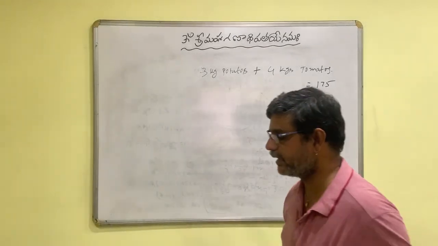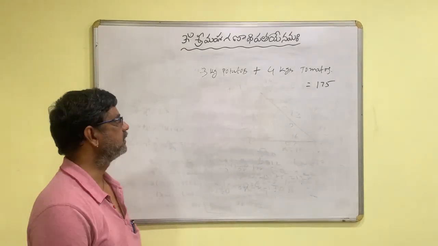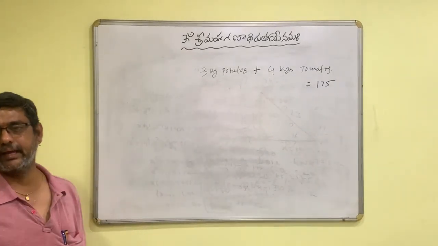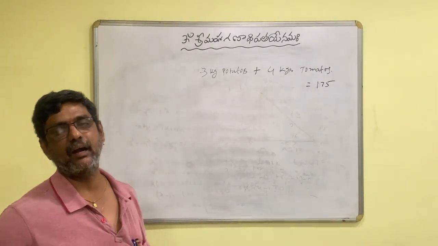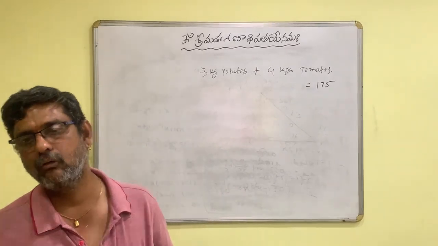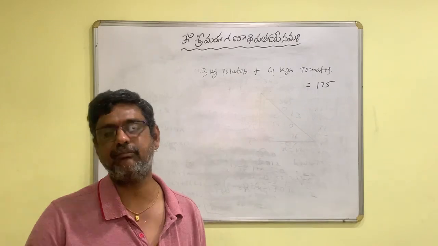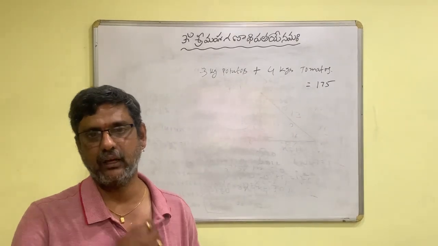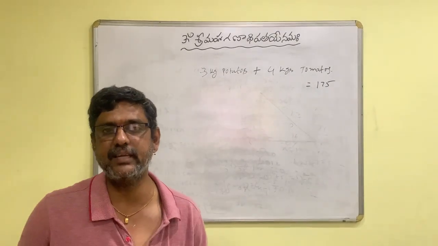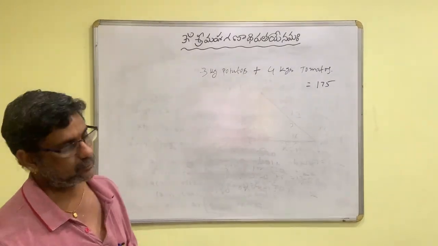Then immediately Tejal replies like this. Yeah, I can do that, because we have already done this topic and I know how to convert the situation in the form of a mathematical equation. Situation: 3 kgs of potatoes and 4 kgs of tomatoes.